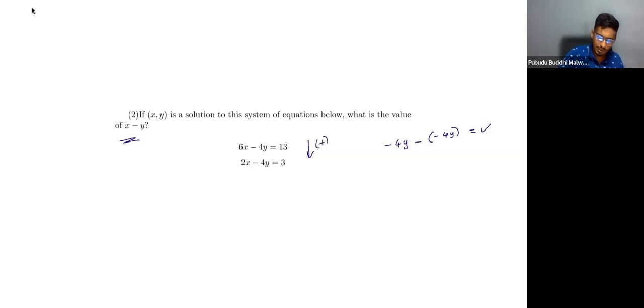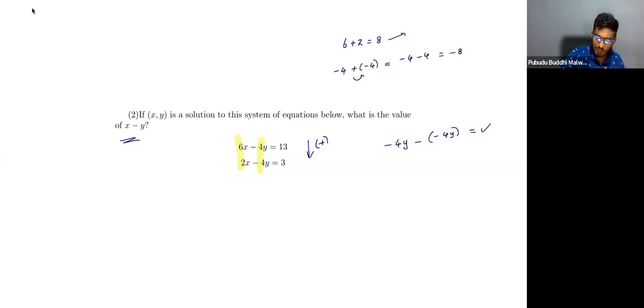So the key here is identifying these coefficients. 6 and 2, minus 4 and minus 4. Now, if I add 6 and 2, that's 8. Then if we add minus 4 and minus 4, that is minus 8.